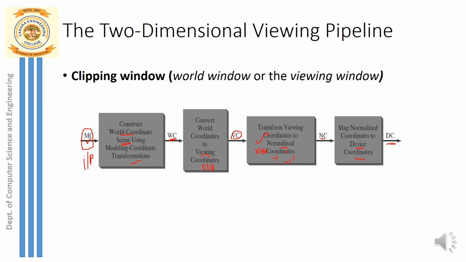This is the series of steps that you have in order to successfully view the 2D objects on the device screen, and you call this the 2D viewing pipeline. Why? Because in every step the output of one component is given as an input to the next component. This type of procedure you call the pipeline procedure or pipeline technique. So I hope this is clear.